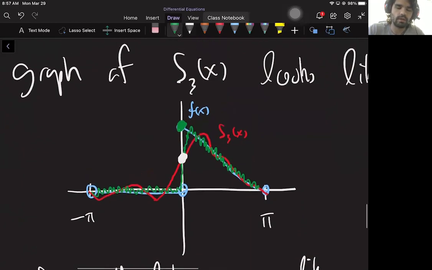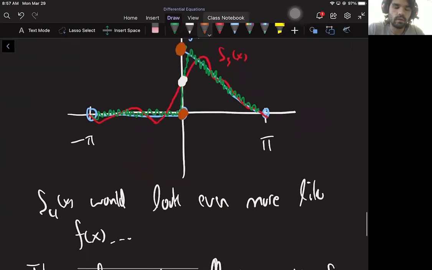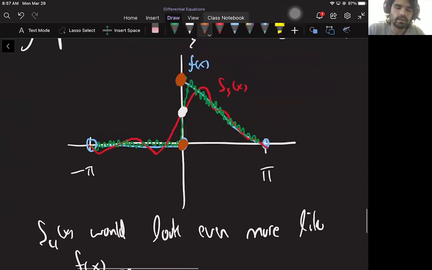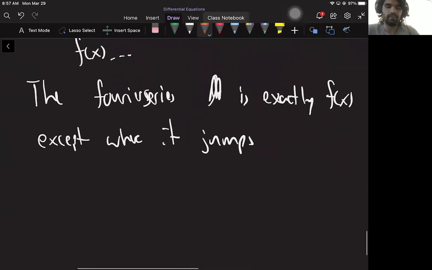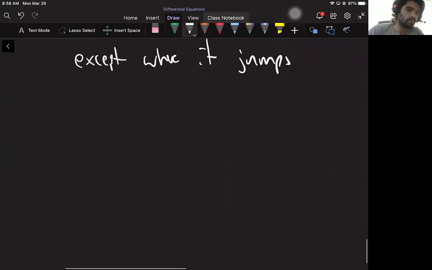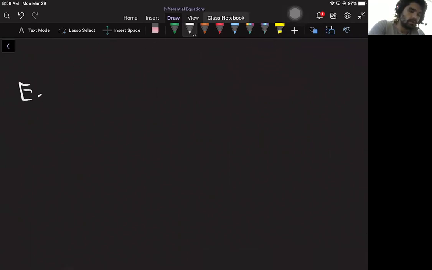Instead, it's always going to be in the middle of the two-sided limit. So it's the middle of this brown dot and this brown dot here. So it'll always go through that spot there. But everywhere else it'll be exactly the same. Okay, so that's interesting and cool. All right, so let's do another one. Something else cool happens too that I didn't mention, which I'll bring into the next one.